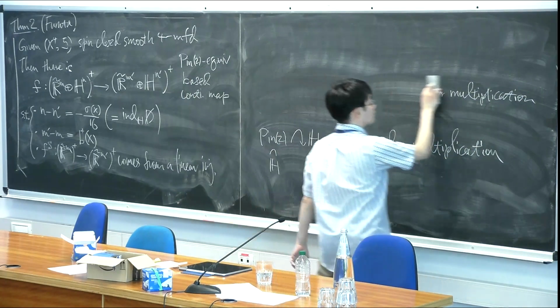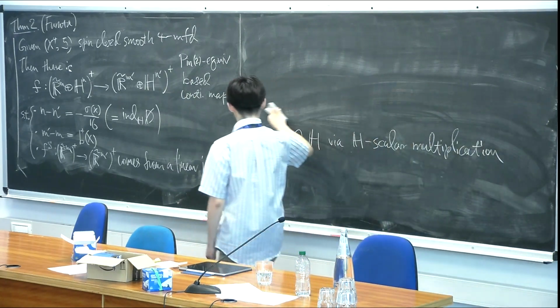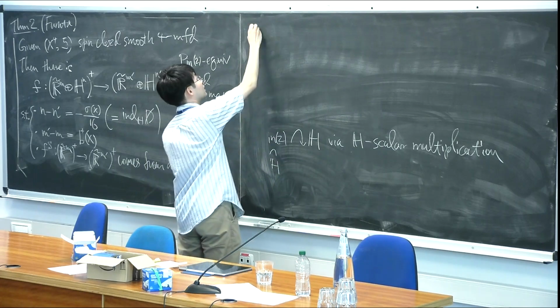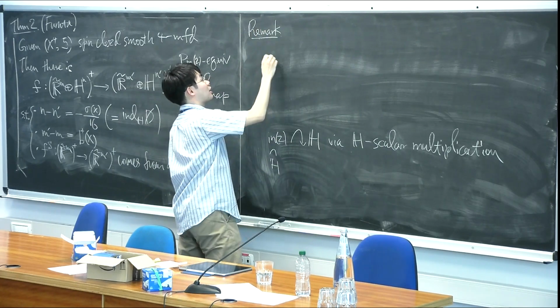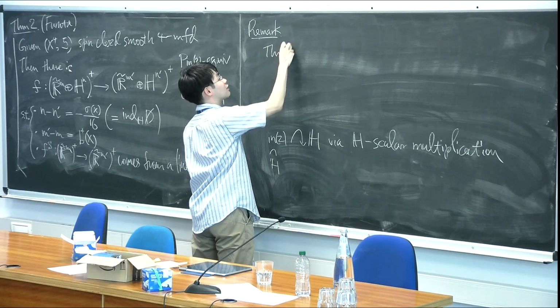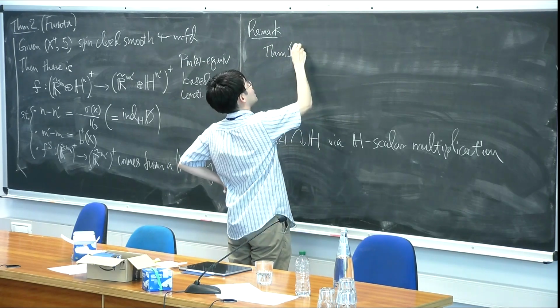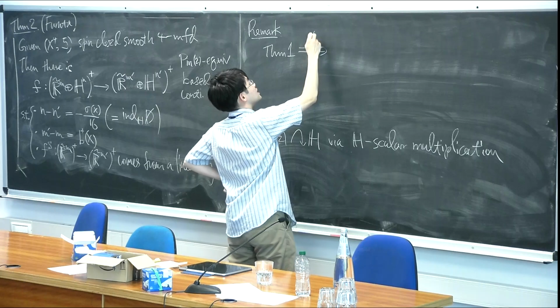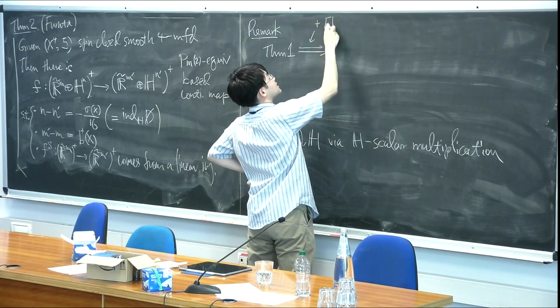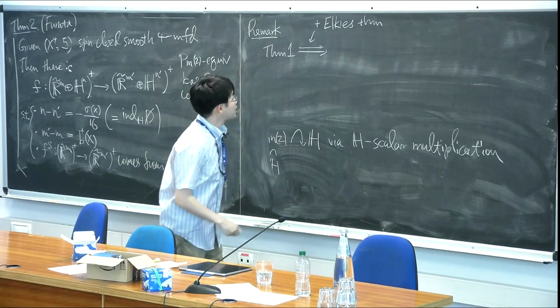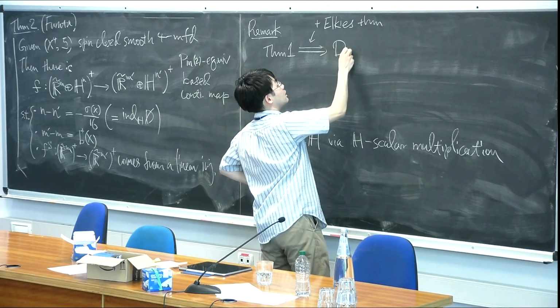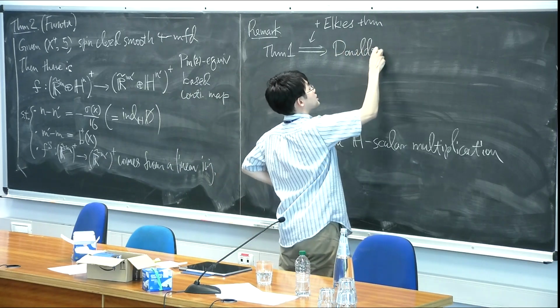If you are looking at this kind of theorem for the first time, you might wonder how powerful those theorems are. But they are pretty powerful, actually. For instance, theorem 1, together with so-called Elki's theorem, is powerful enough to recover famous Donaldson's diagonalization.